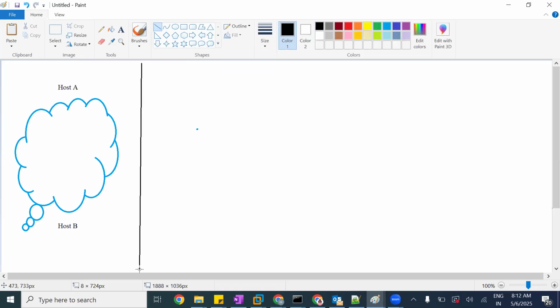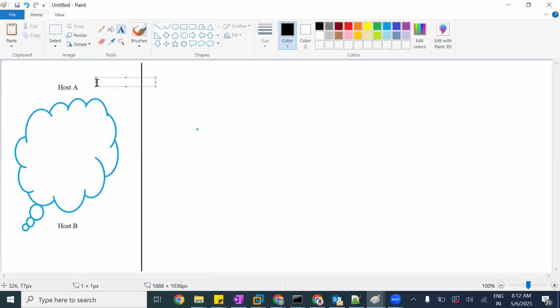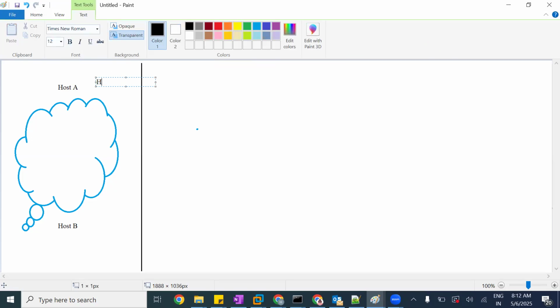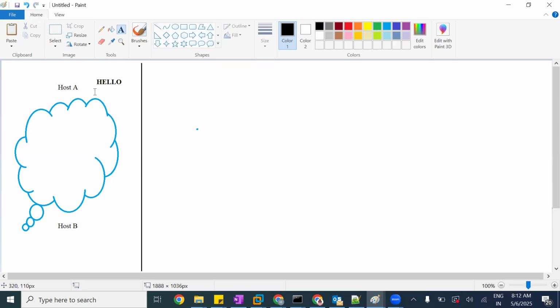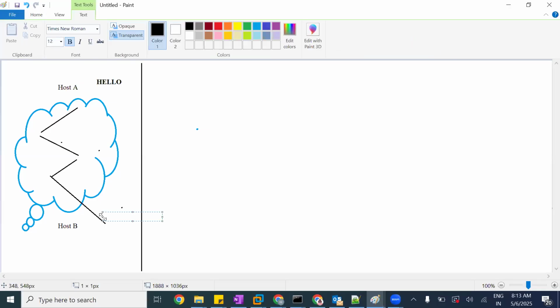Now, I want to send a message called hello. This is a message which I want to send from host A to host B. Host A sends the hello message and it goes through the internet. Internet in the sense it will go through multiple devices. It is not always direct communication to host B. That message is received at host B, the same message hello.